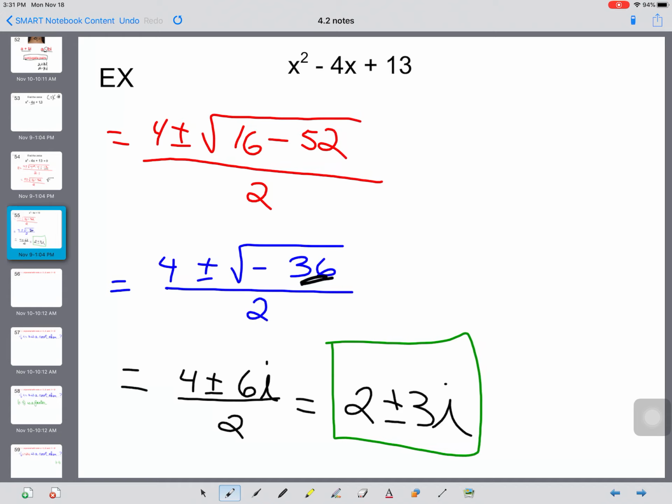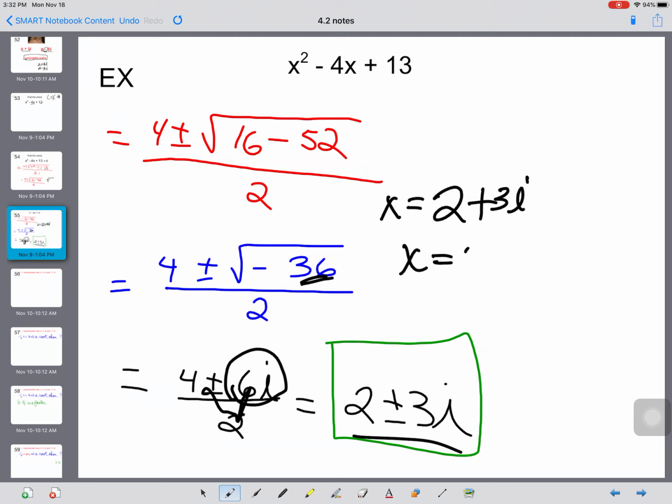Conveniently, that's a perfect square, so the square root of negative 36 is 6i. We're going to reduce everybody by 2, factor the 2 out and cancel it, and you get 2 plus and minus 3i. So notice what I got. One answer is x equals 2 plus 3i, and the other answer is x equals 2 minus 3i. Those are conjugate pairs.